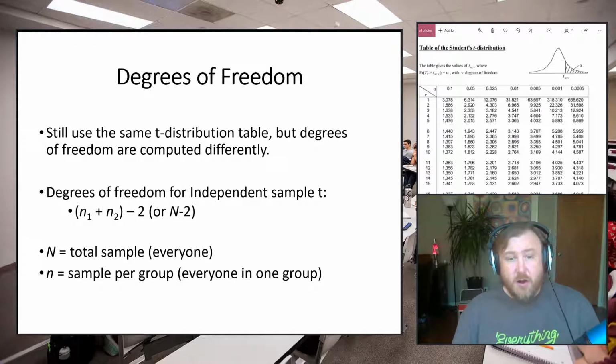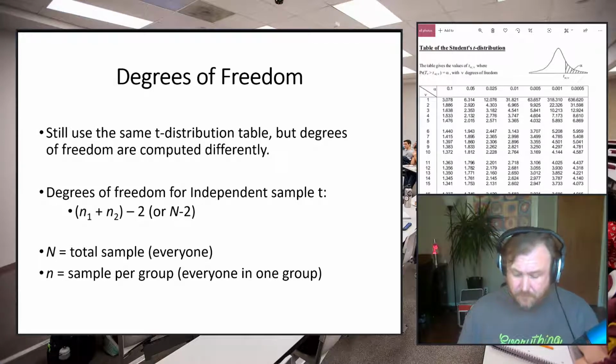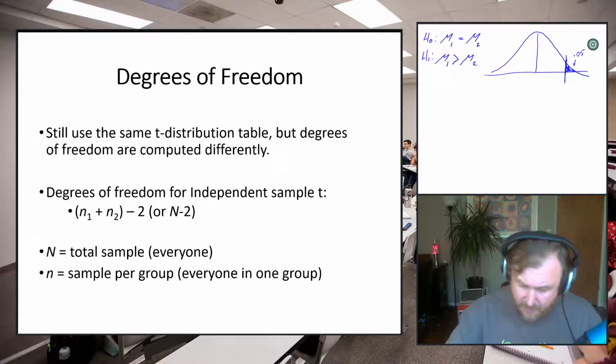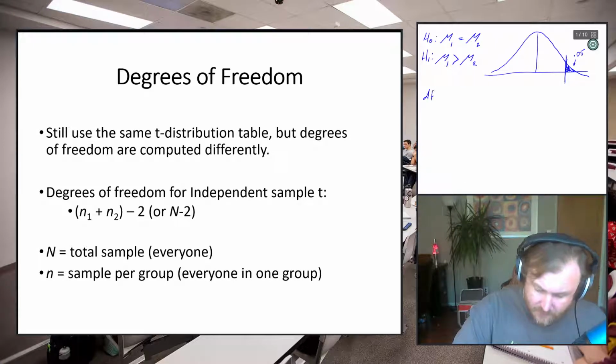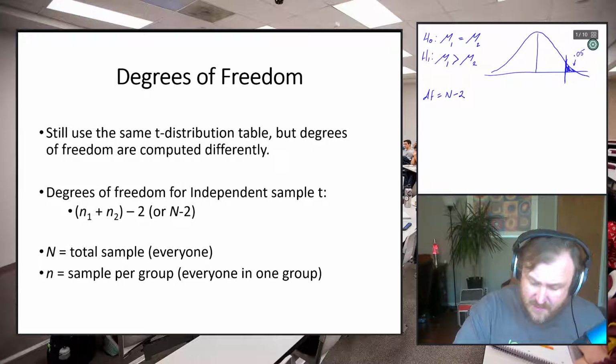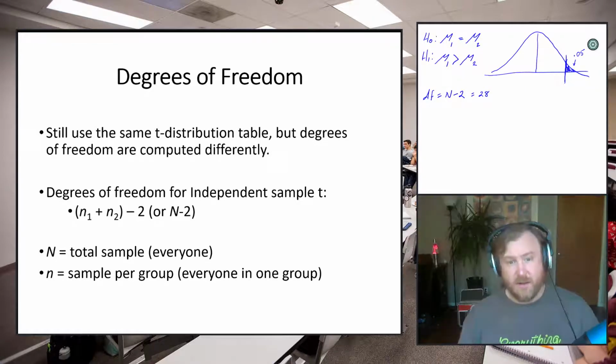So our degrees of freedom for an independent groups t-test is big N minus 2. That means that we have 28 degrees of freedom, a total of 30 minus 2.